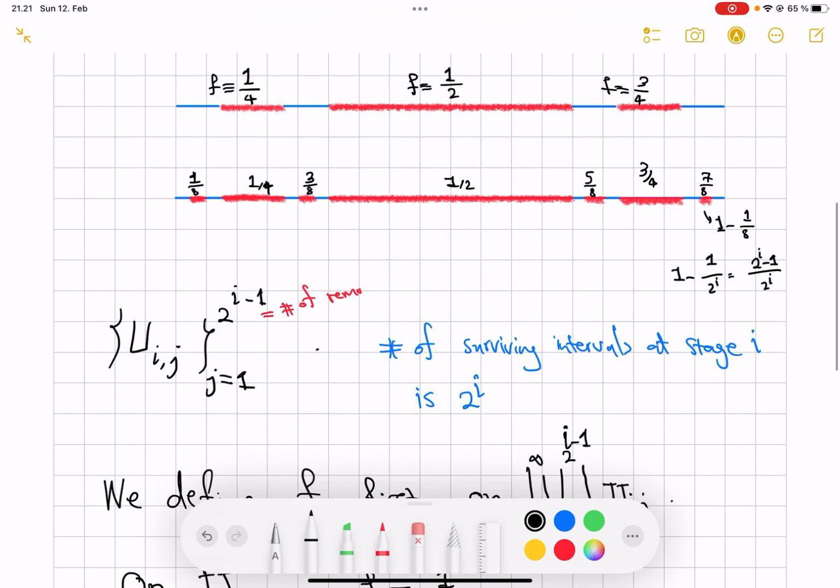And this is exactly when j is the last one. So what was the last count in the number of ith removals? j was equal to 2 to the power i minus 1. But our formula is (2j minus 1) over 2 to the i, and that exactly matches.